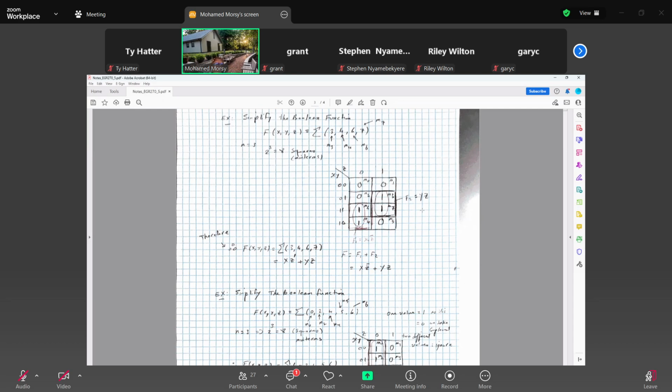We put all the ones, then the rest are zeros. Since you finished mapping the ones, just put zeros in the rest. So what is the next step after we draw the Karnaugh map?